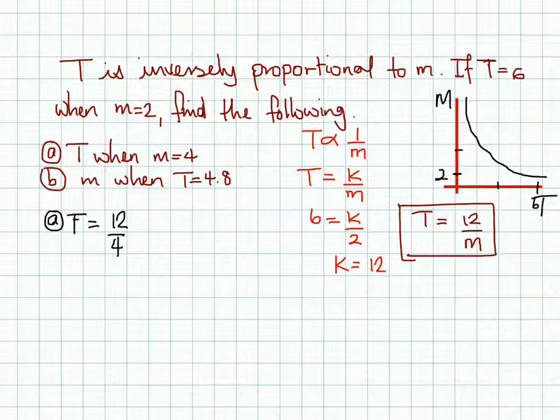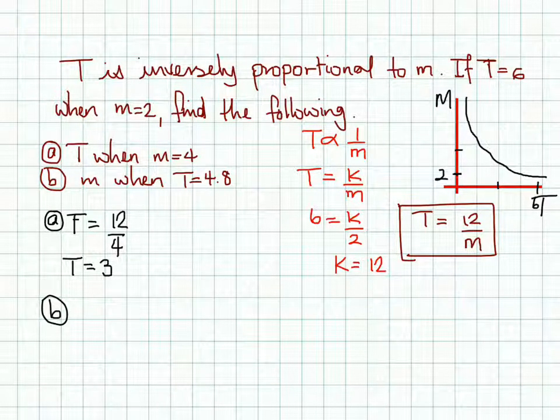Alright, well, you can plainly see the answer straight away, that T is going to be 3. Let's look at question B. Question B is now asking us to find M this time when T is equal to 4.8. Okay, I hope you're very good at rearranging an equation, because you'll need to do that now. Because this time they've given you T as 4.8 and they want you to find M.